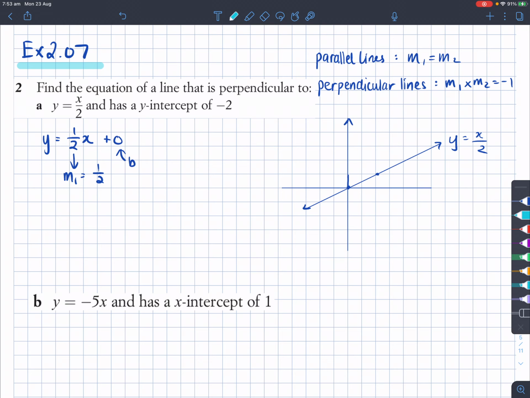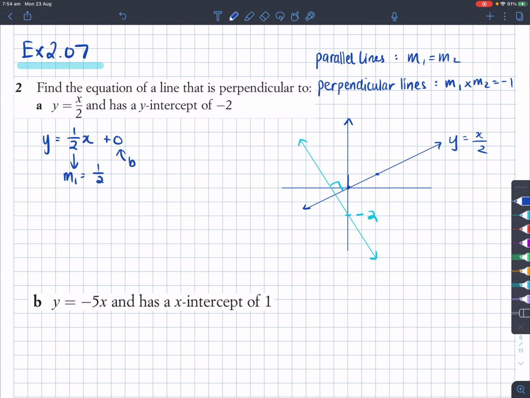A y-intercept of -2 will be right here at the bottom, 2 units below the origin. And if it's perpendicular to it, then it has to meet up at 90 degrees, which means it looks like this. You can see where it intersects at 90 degrees right there.